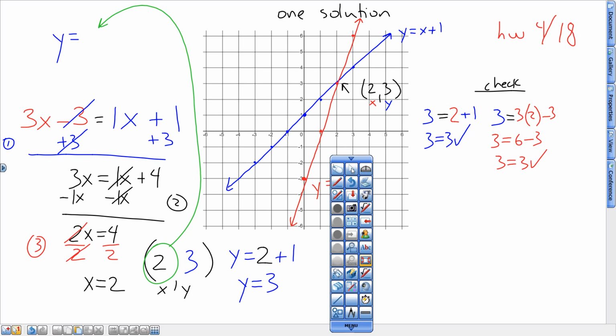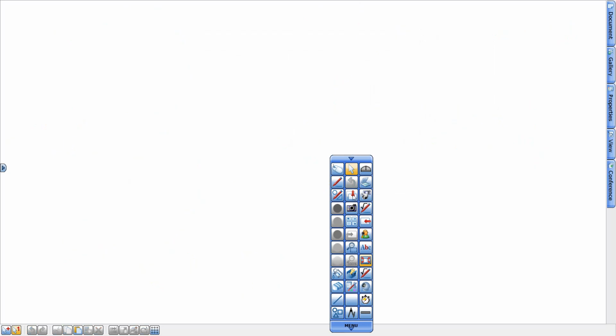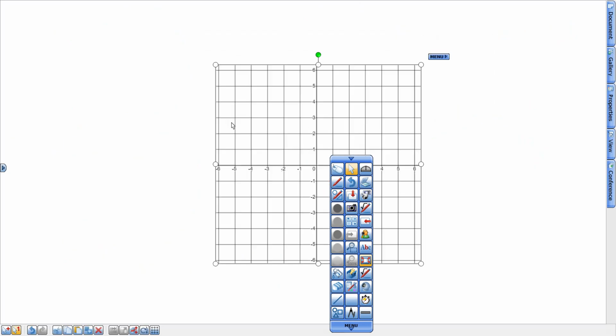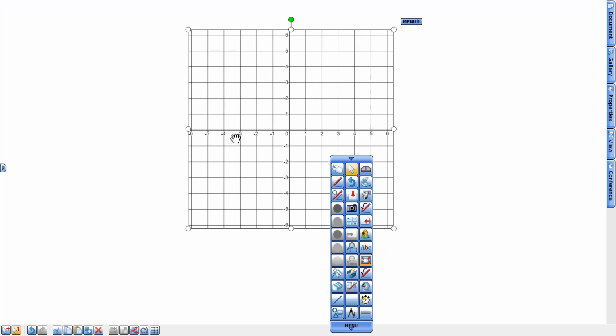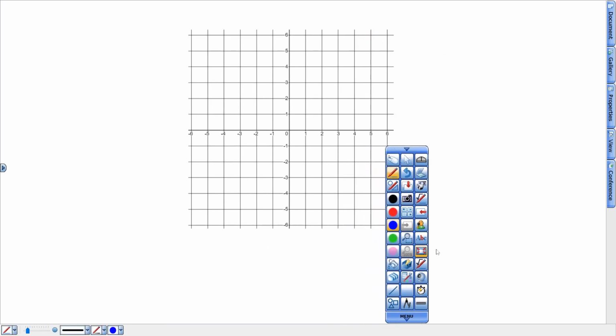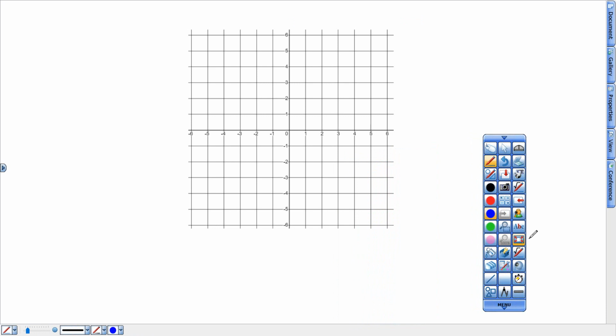What I'd like you to do to get full credit, I'm going to give you a set to try on your own. I'd like you to solve it by graphing. I'd like you to check your answer, and then I'd like you to solve it using that little algebra trick that I showed you. Let's try to give you a nice easy one.